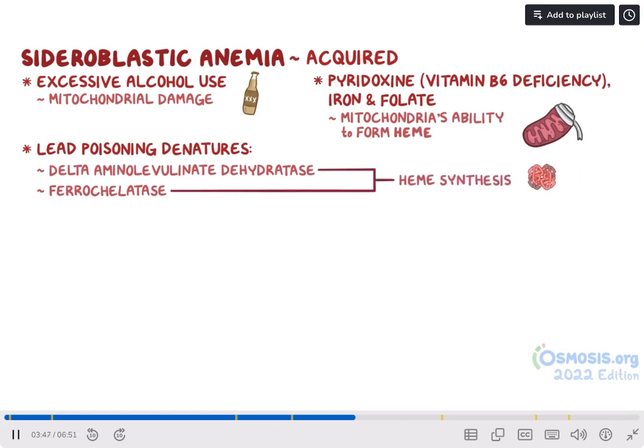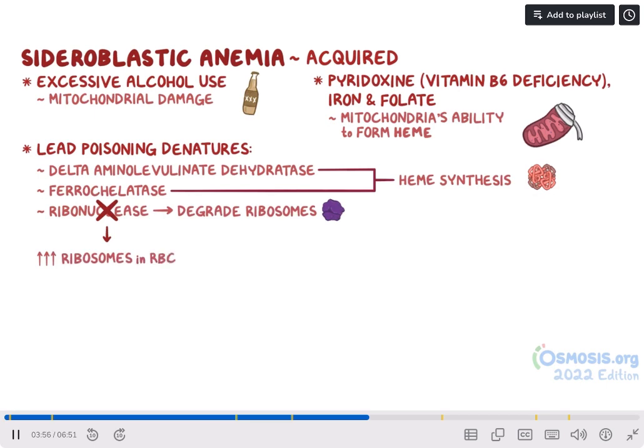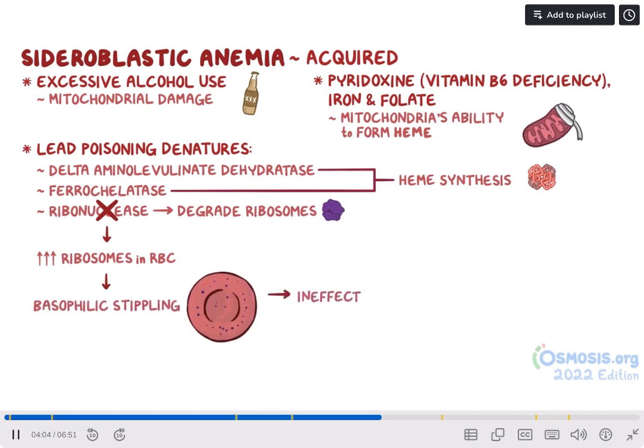Additionally, lead poisoning can also denature ribonuclease, which is an enzyme that degrades ribosomes. Without it, this leads to a buildup of ribosomes in the RBC, and can cause a characteristic studded appearance on histology, called basophilic stippling. Basophilic stippling is indicative of ineffective hematopoiesis, and can be seen in other types of anemias.